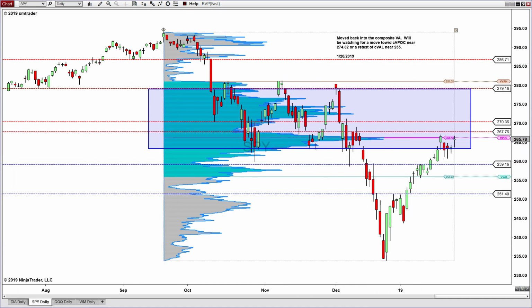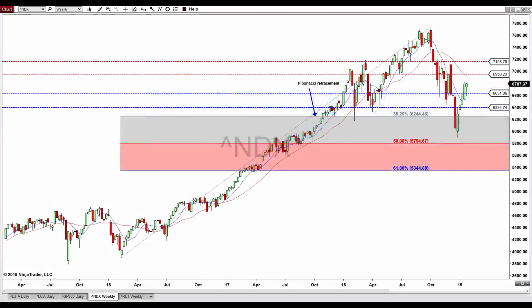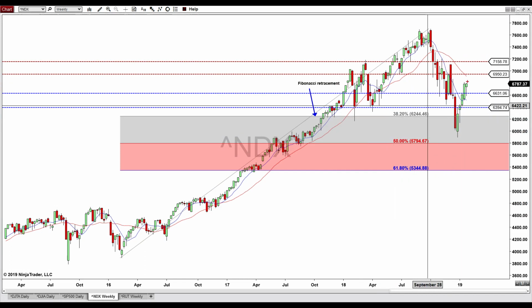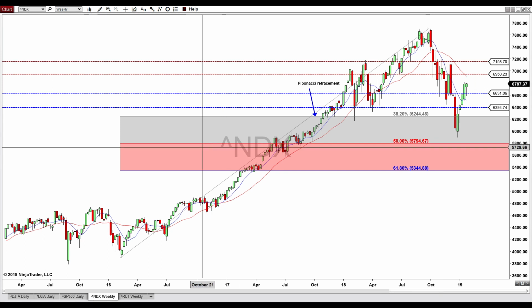And if we go back and take a look at the NASDAQ 100 index, this is the weekly chart here. Again, it printed an inside hangman type of candle, and it's an inside bar. So it is above this support here, 66.31, and I'm basically looking for this thing to work toward this 69.50.23.